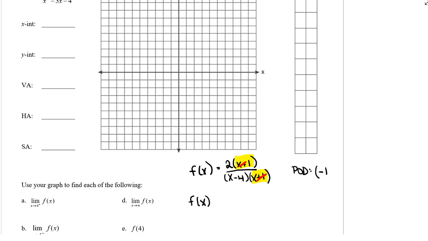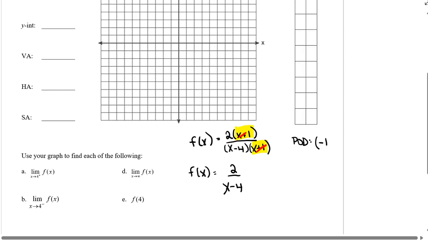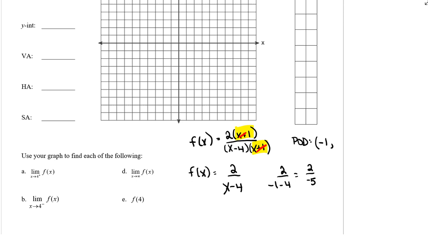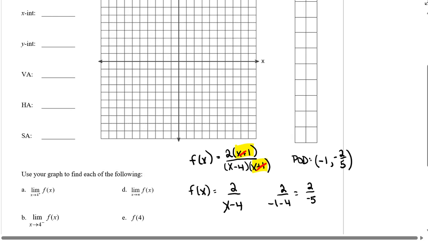So my simplified function now is 2 over x minus 4. And to find the y value of my hole, I'm simply going to plug in that x value of -1. So (-1, -2/5) is my hole or my point of discontinuity. I'm going to go ahead and plot that because if I don't, I always tend to forget it. So there's a nice little hole there.